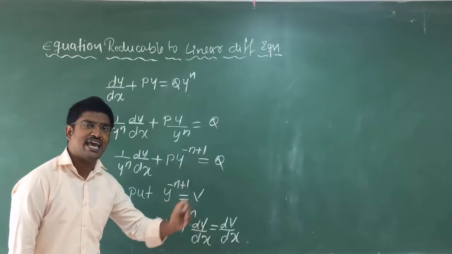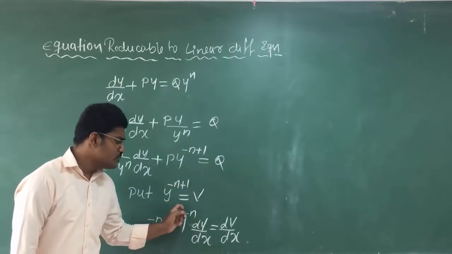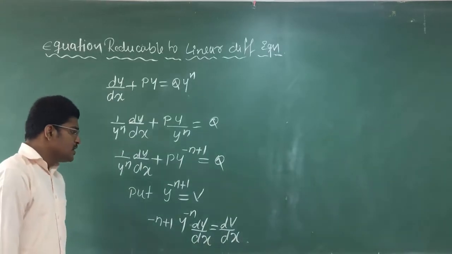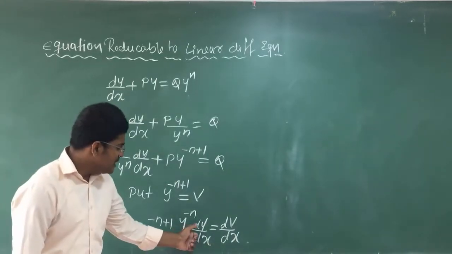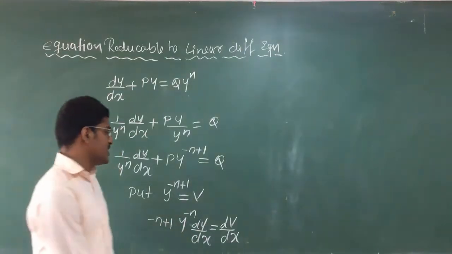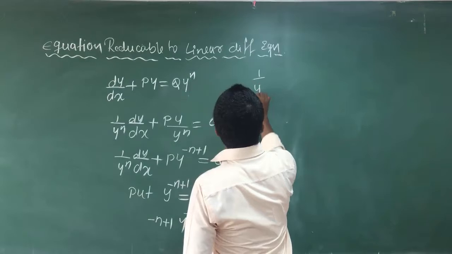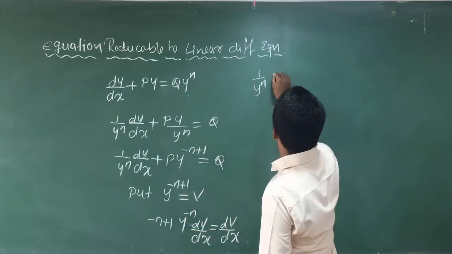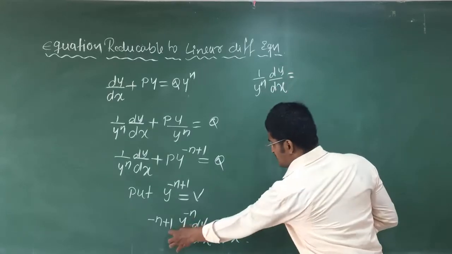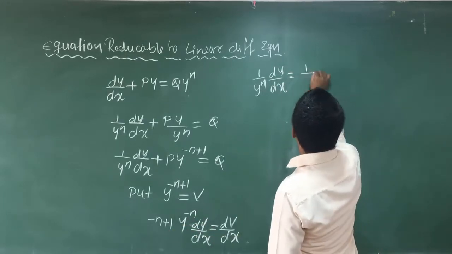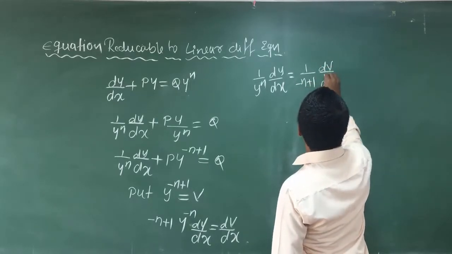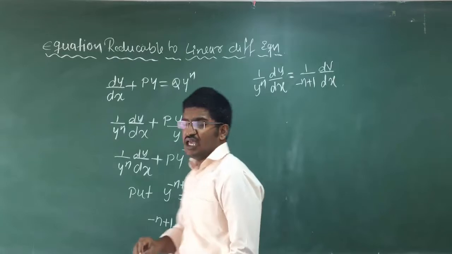Plus 1 minus 1 will be cancelled. Minus n plus 1 y to the power of minus n dy by dx equal to dv by dx. Okay. So what will be dy by dx into y to the power of minus n? It can be written as 1 by y^n dy by dx equal to, this can be taken on this side, 1 by minus n plus 1 into dv by dx. So it will be in this form.